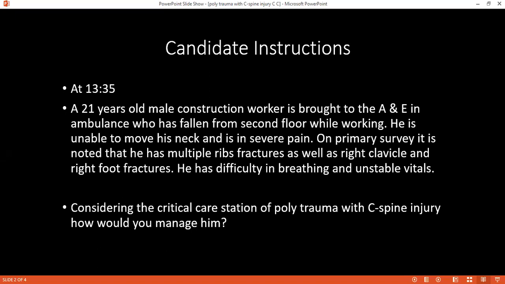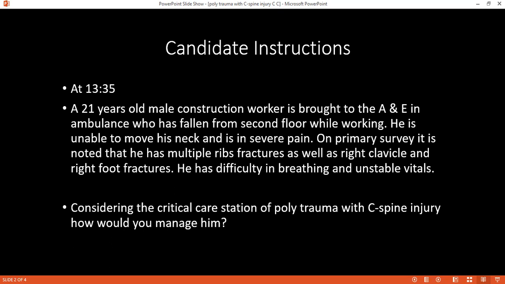I will check the vitals repeatedly and monitor other factors like heart rate, blood pressure, urine output, patient's mental status, capillary refill.